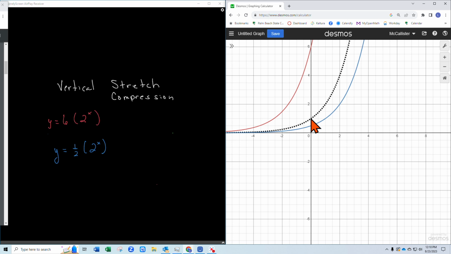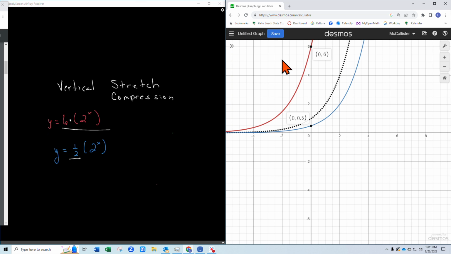What happens to it? For the graph that I have here, I'm multiplying that value times 6, so that's getting pulled up this way, and it's making the function appear longer or taller. For the compression, the 2 raised to the x power is getting multiplied by 1/2, so the output is getting smaller, so it's getting pushed down and squished down. And this point is (0, 1/2), and up here that is increased by 6, so that is (0, 6).